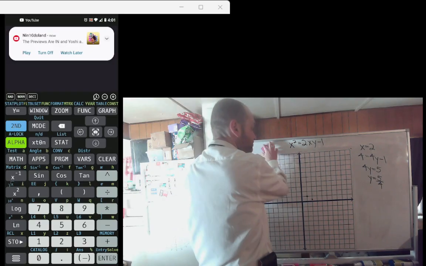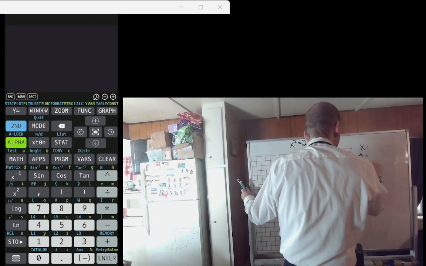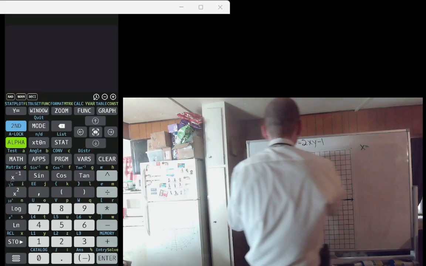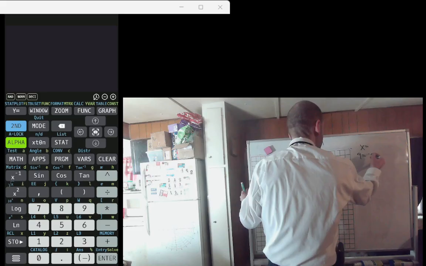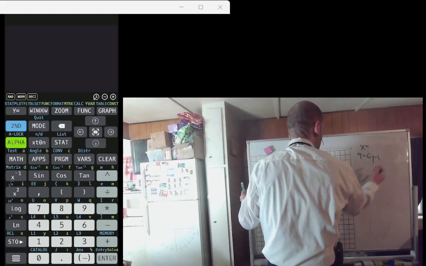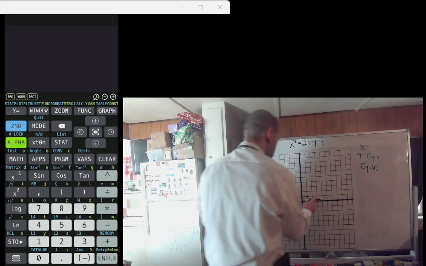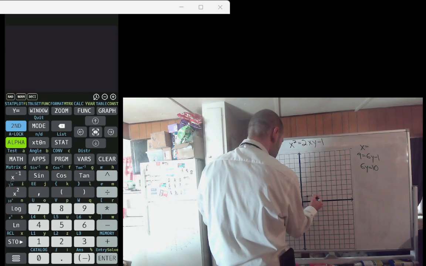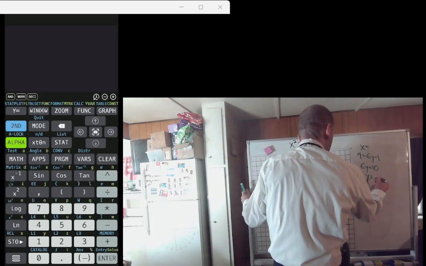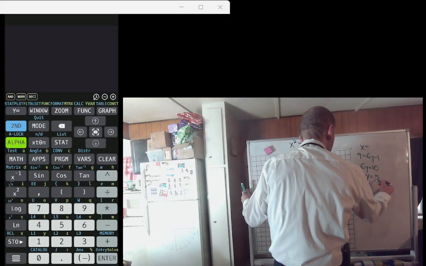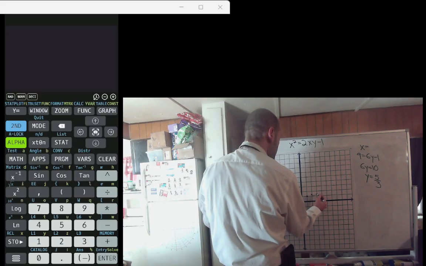Okay, now let's do x equals 3. So that would give you 9 equals 6y minus 1. 6y would equal 10, so y would equal 5/3. So that would put you at 1 2/3.